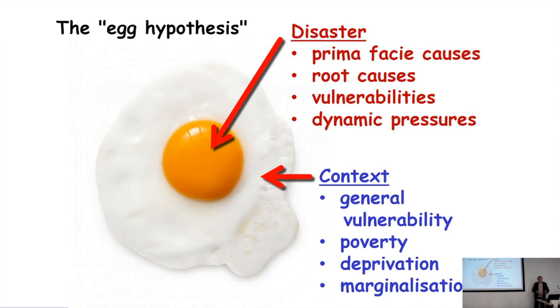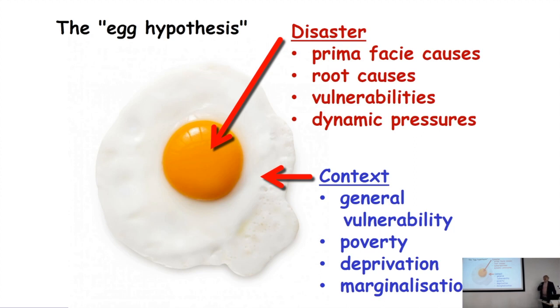So, for example, we have people in Britain who are destitute. We have people whom government policy has left in a very precarious state. And if we try and reduce their vulnerability to floods, it's not going to work because they have so many other vulnerabilities that it would be a complete and utter waste of time and resources.